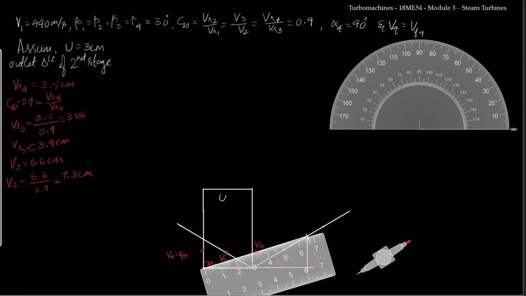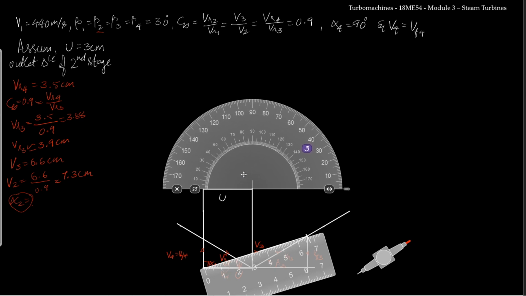Now I know this, but I don't know the angle alpha 2. Alpha 2 is unknown. So I cannot draw a line and then cut an arc, but I know beta 2. So what I will do is I will take the protractor and I will measure beta 2 as well as beta 1 at the same time.